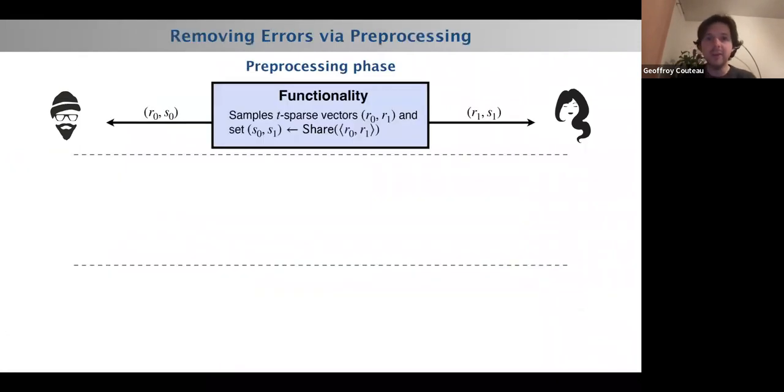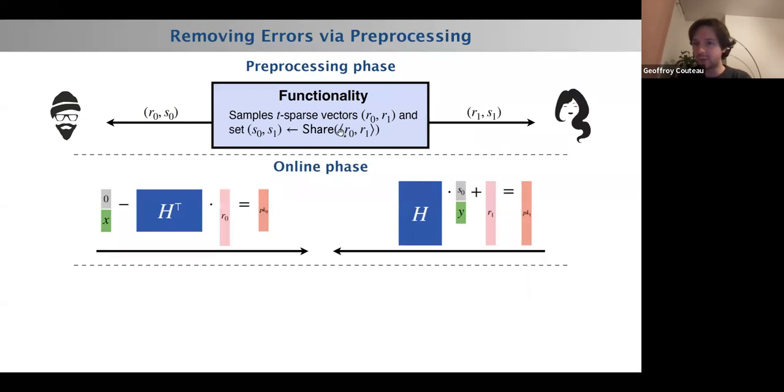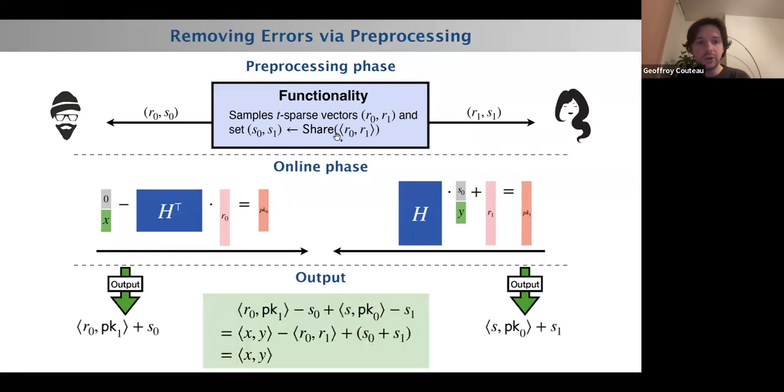As for preprocessing, the key idea, back to LPN, is that we want to use preprocessing to pre-sample the sparse vectors R0 and R1 together with shares of these sparse vectors. So that later, when we do the online phase, if you look at the noise term, it is the inner product between R0 and R1.